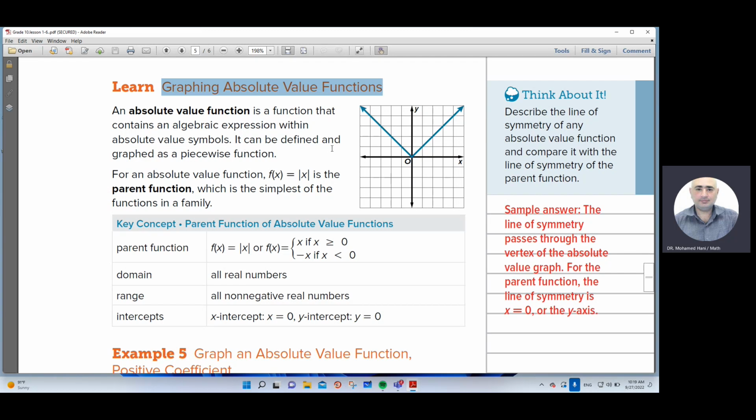It can be defined and graphed as a piecewise function. So for an absolute value function, f(x) equals the absolute value of x is the parent function, which is the simplest of the functions in the family. So I want from all to write the definition of an absolute value function.